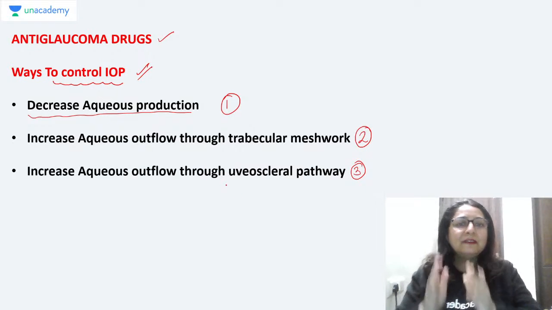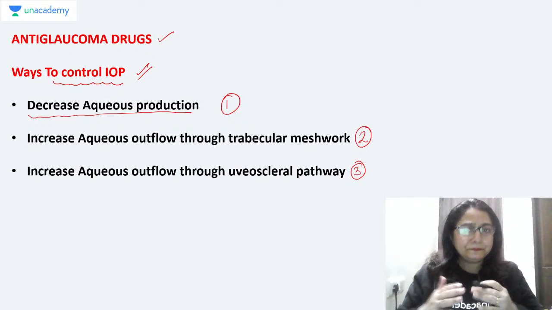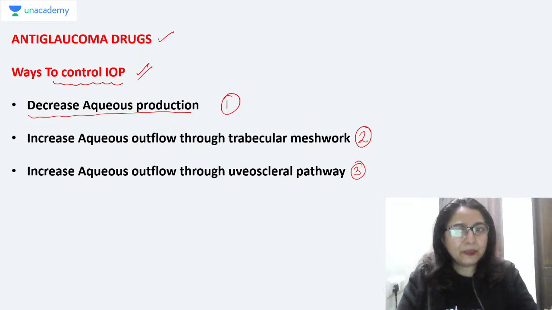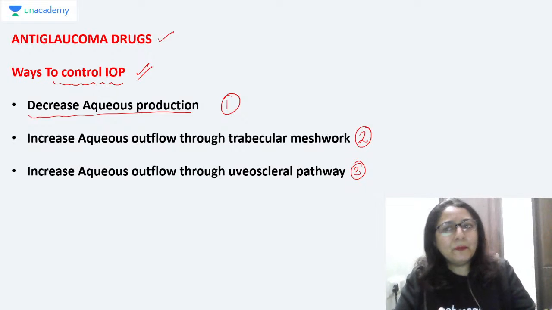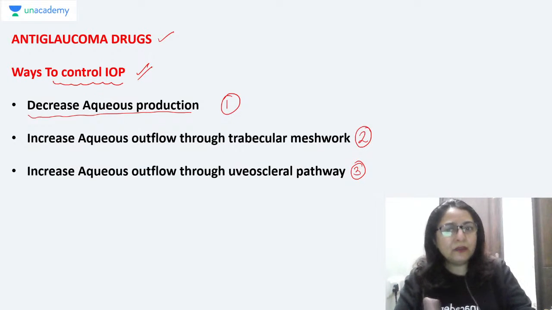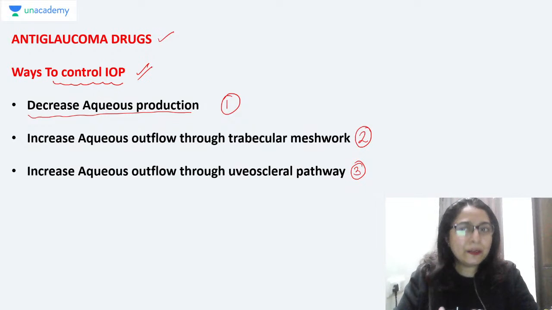So these are the three basic mechanisms through which we can achieve control of the intraocular pressure. And this is where our antiglaucoma drugs come into play. We have a number of drugs which act through one of these pathways to help us achieve good control of intraocular pressure in a case of glaucoma.